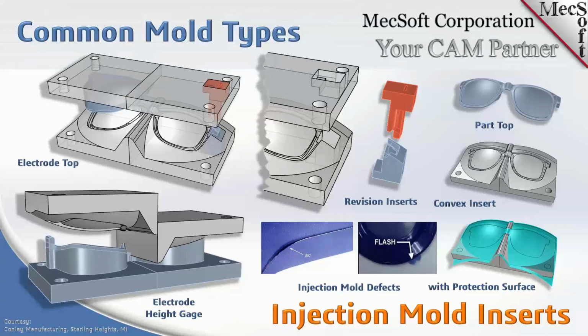And if those revisions get to such an extent that the mold cannot be revised anymore by adding material into the mold, and this is done regularly, typically in a welding process where they'll add material into the cavity, they can cut holes in that insert using a wire EDM machine to get a precise insert measurement where you can redesign an insert to go in the insert, which contains the revision.